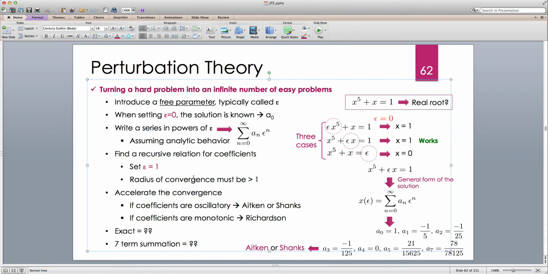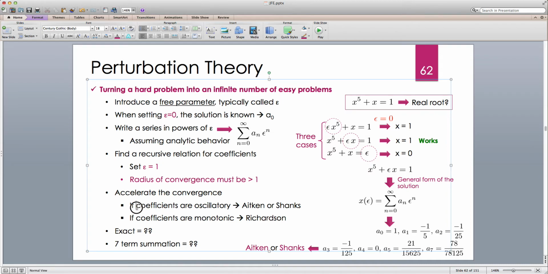The hope here is that the radius of convergence of this power series is greater than 1, so that when we set epsilon to 1, this becomes a convergent series, right? In most cases it is not, but let's not worry about that at the moment. Once we have this series, and let's assume that it's in fact convergent, then we can use any of the accelerating transformations.